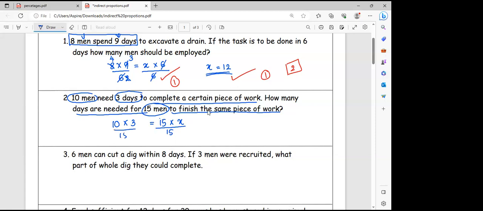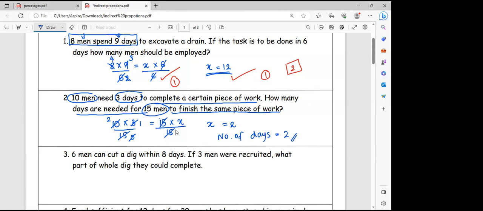Then x is equals to, look, 3 can be divided by 3, it's 1. 15 can be divided by 3, it's 5. 10 divided by 5, it's 2. Then x is equals to 2. That means the number of days equals 2.